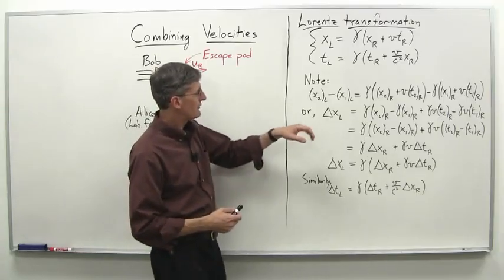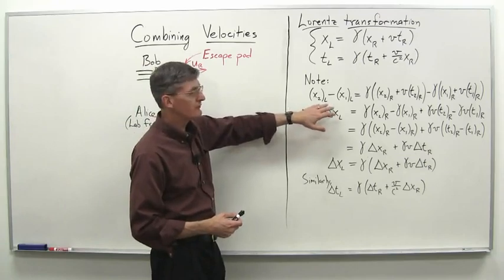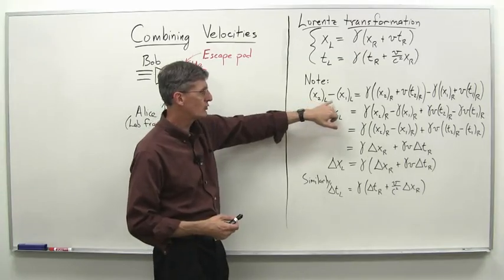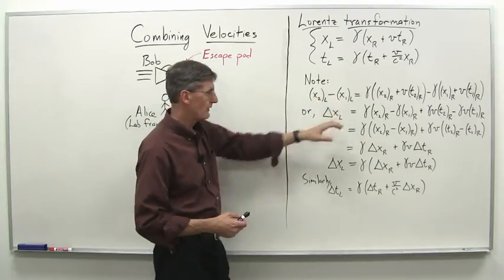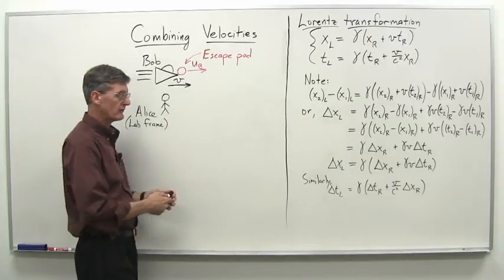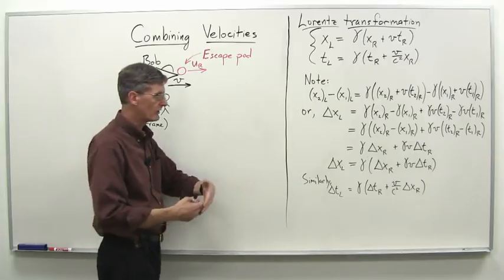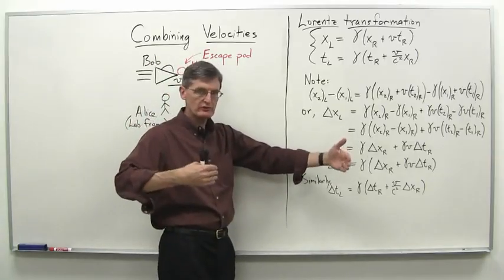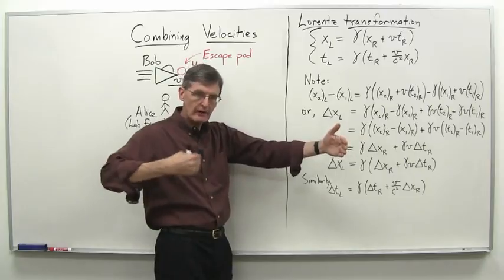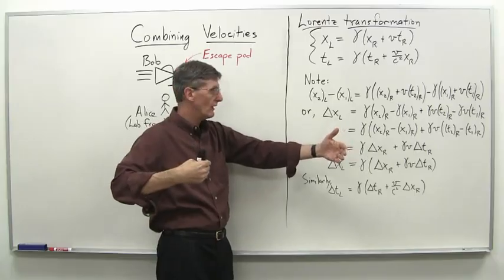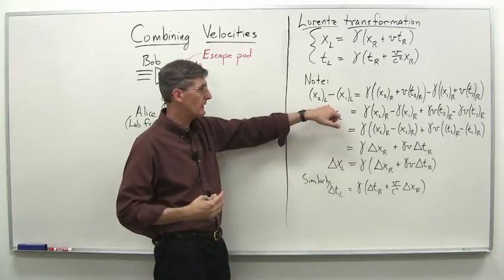So note that if we have two events in the lab frame at positions x2 and x1, so that's within Alice's frame. She says, this happens at position x2, and then something else happens at x1, or just the difference between two positions, x2 minus x1, and so that gives you the distance between x2 and x1 in the lab frame.